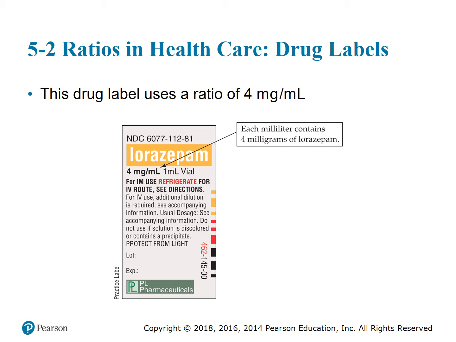So we can write that ratio as 4 milligrams per 1 mL. Now, if it's just 1 milligram or 1 mL or 1 whatever, they typically do not write the 1. So if it's written this way, 4 milligrams slash mL, that means per 1 milliliter, okay?